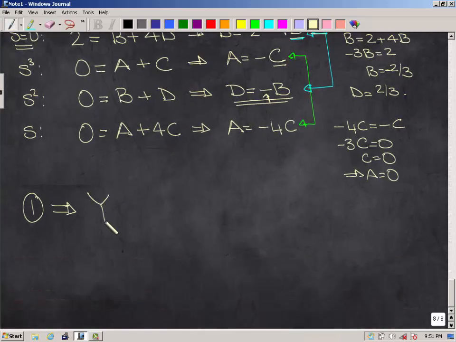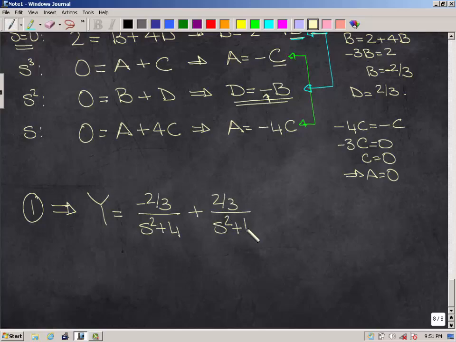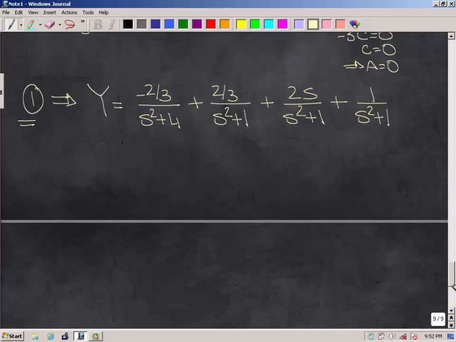So big Y becomes negative 2/3 over S squared plus 4, that was B, plus 2/3 over S squared plus 1, plus 2S over S squared plus 1, plus 1 over S squared plus 1. This was what 1 was. Now all we have to do is take the inverse Laplace and we are done.